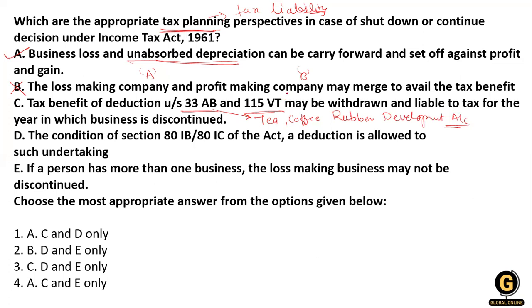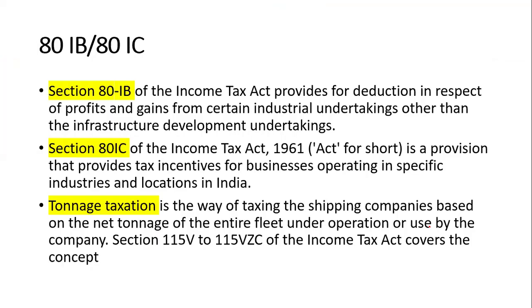Okay, so tax benefit deduction under section 33AB is for the tea, coffee and rubber development account. And what about 115VT? 115VT is for the tonnage taxation scheme. What is the tonnage taxation scheme? Tonnage taxation is a way of taxing a shipping company based on the net tonnage of its entire fleet under operation or used by the company.